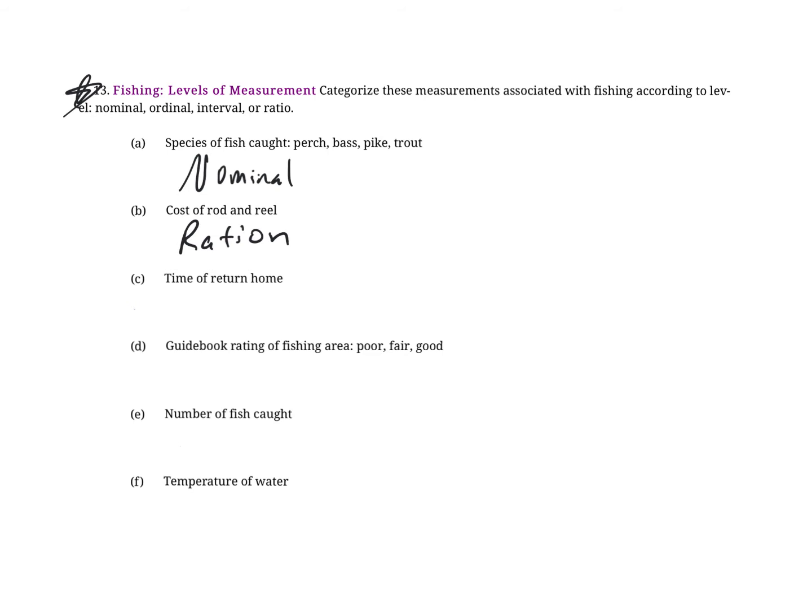Time of return home. That must be the time it takes to get home. That's interval. That's interval. Is there an understood zero?